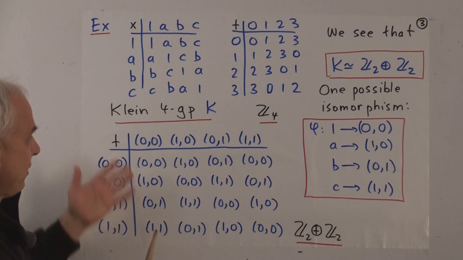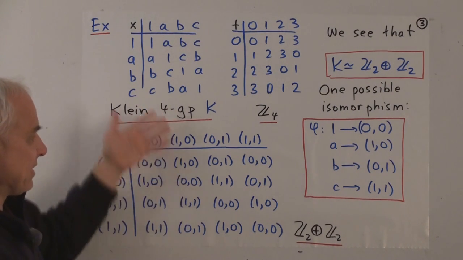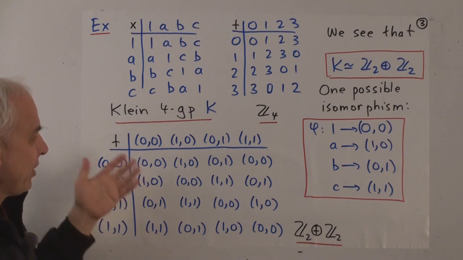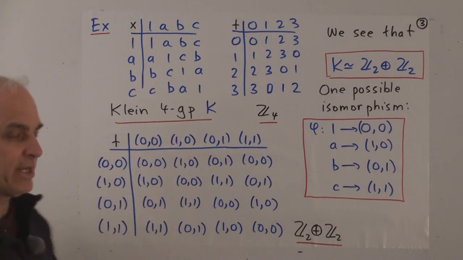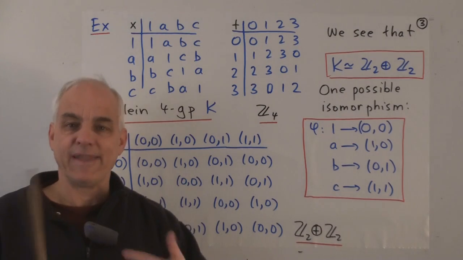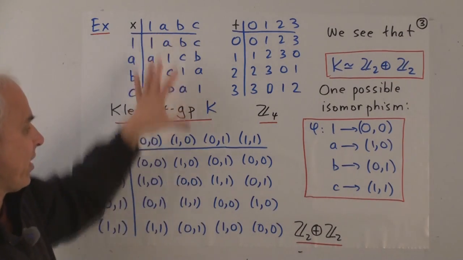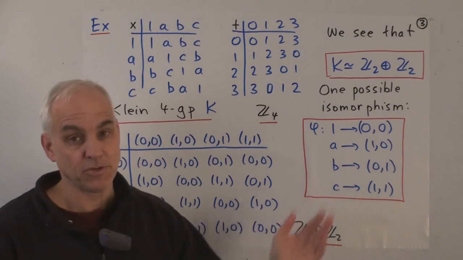And you can check that, well, this makes a correspondence between these two tables. In other words, the two tables are really essentially the same up to relabeling. And this is a way of relabeling the tables to go from this one to this one. So the groups are isomorphic.